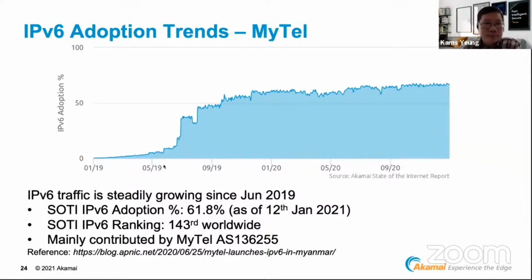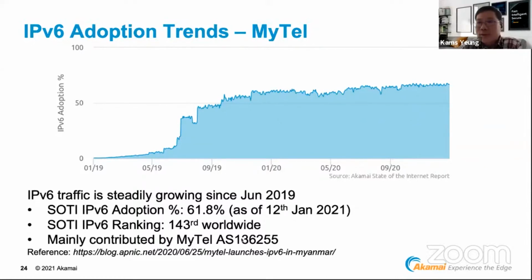From about June of 2019, they started to deploy V6, and you can see a sudden jump from there, and then it grows steadily. As of a few days ago, we are seeing that 61.8% of their users are using IPv6. And globally, Mytel is ranking 143rd in our SOTI ranking.